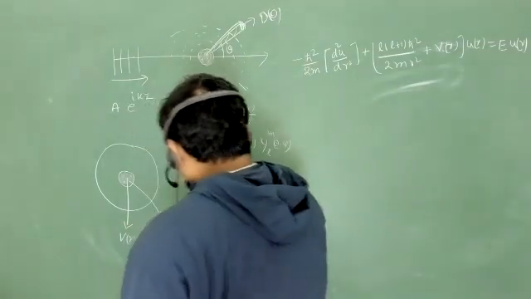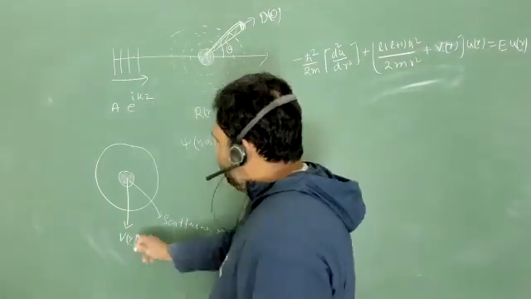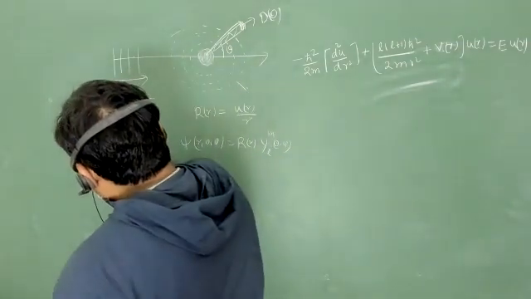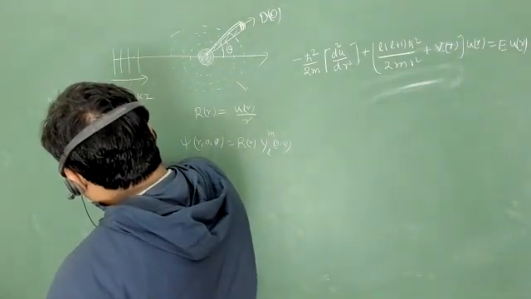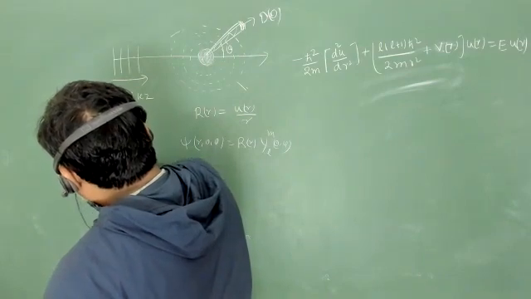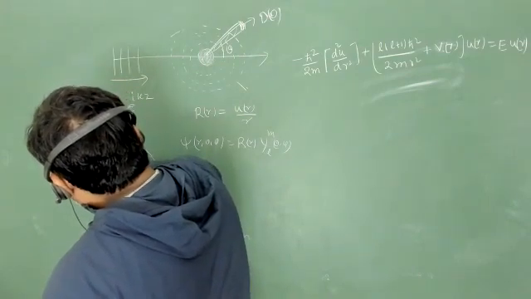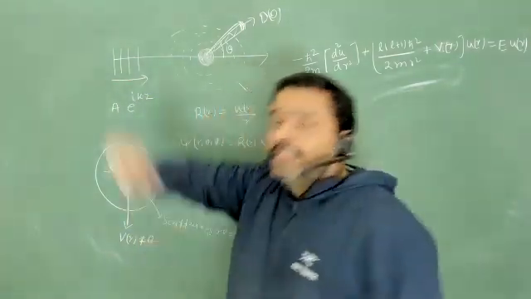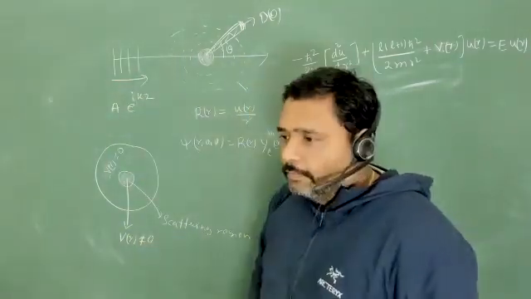Now, this is your scattering region, where the potential is not equal to 0. This is region 3. Region 2 is identified as the intermediate region, where your potential V(r) is equal to 0, but r is not very large.